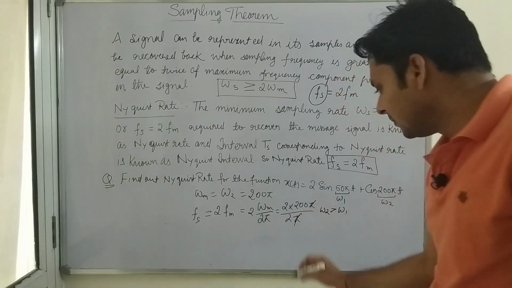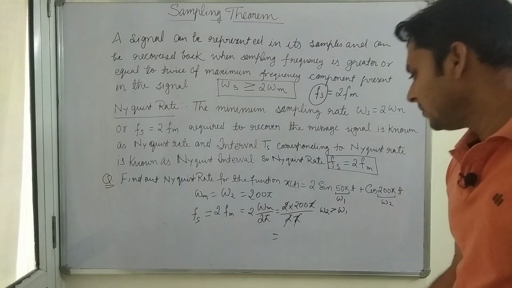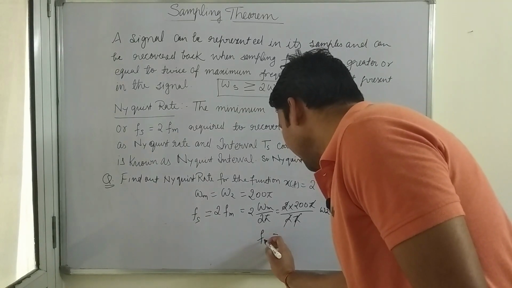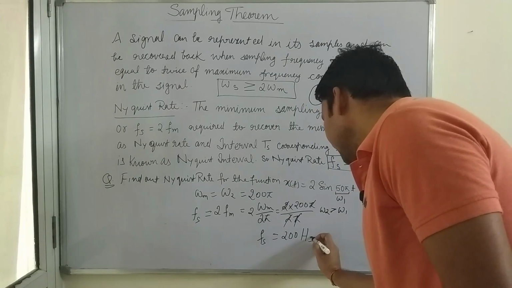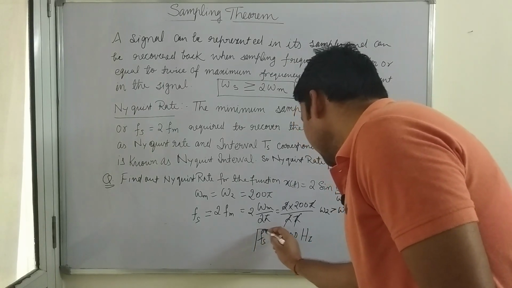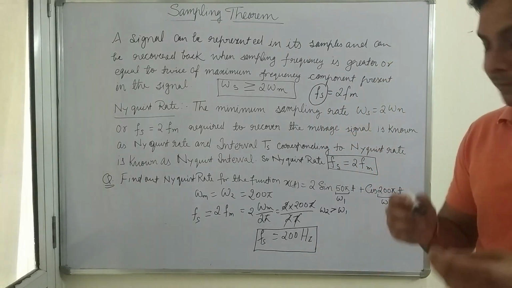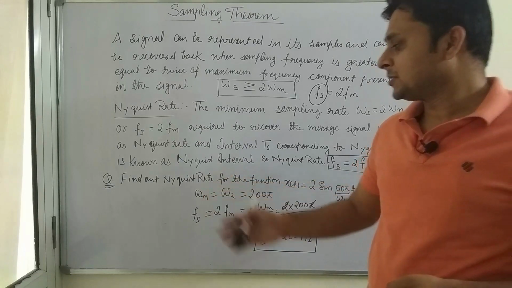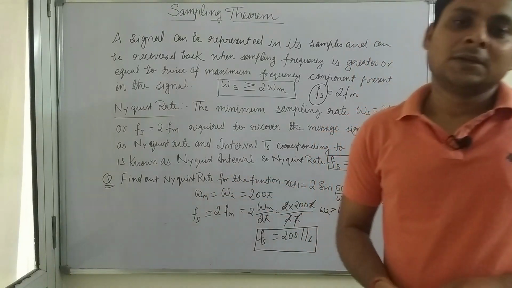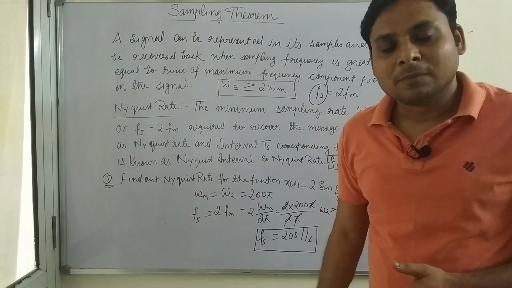So pi cancels out, and the 2 by 2 cancels, and the answer will be f s equals 200 hertz, and that will be your answer. In this way we can find the Nyquist rate. It is a very important question to find the Nyquist rate, from your university examination to your competitive examinations.